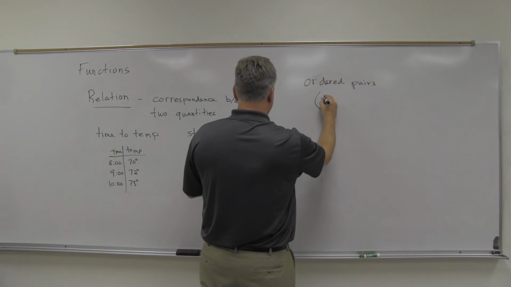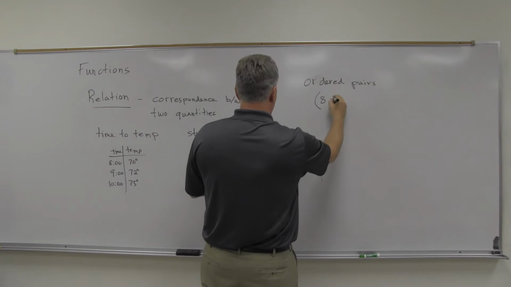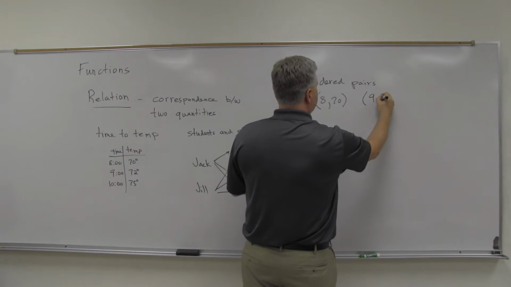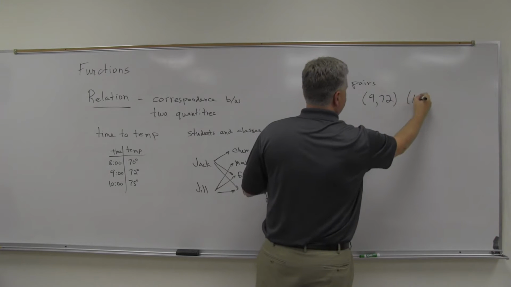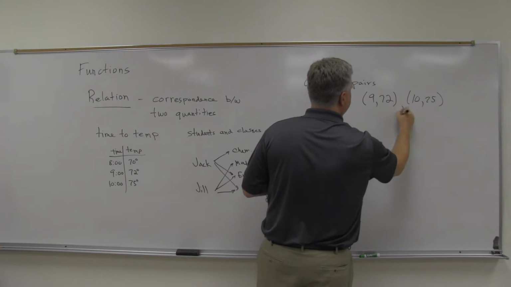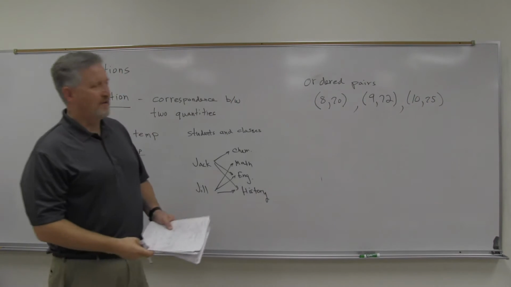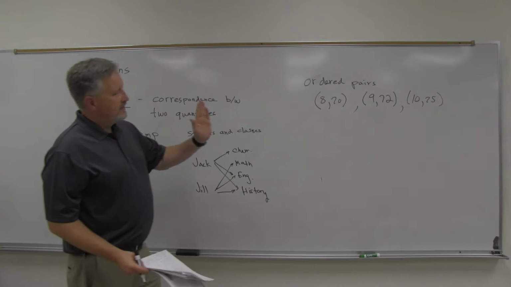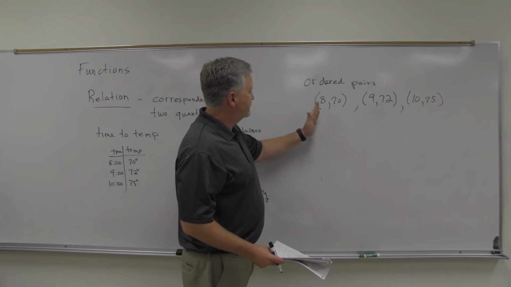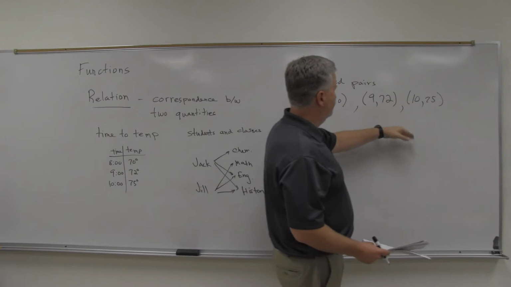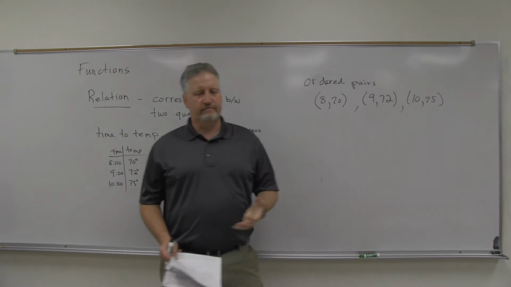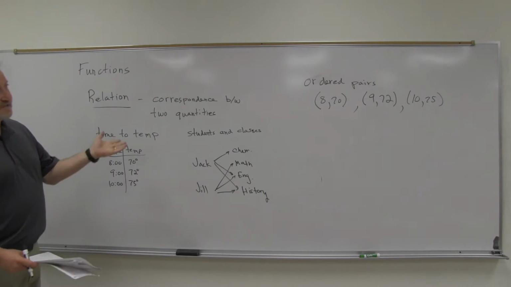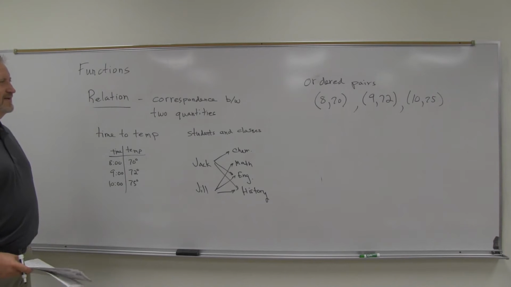That would be 8, 70, 9, 72, 10, 75. So that's probably more in line with what we've covered so far. Just a relation between numbers. So we established that 8 goes with 70, 9 goes with 72, 10 goes with 75. So that's our relationship. That establishes the relationship for those numbers, in that particular case anyway.